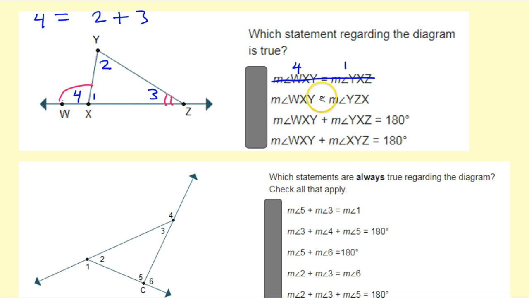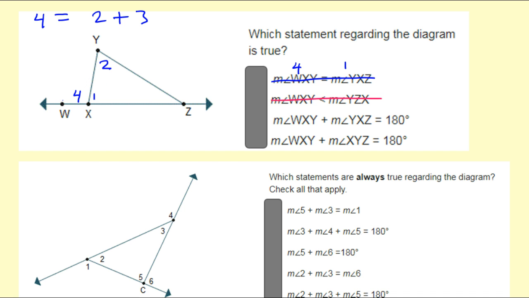Well, no. It's greater than, in fact. This is an obtuse angle, this is an acute angle, and both of these angles together add up to angle 4. So one of them by itself has to be less than angle 4. So that's nonsense. Okay, what else have you got?